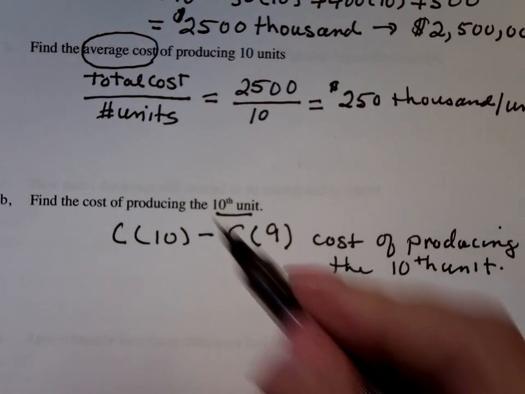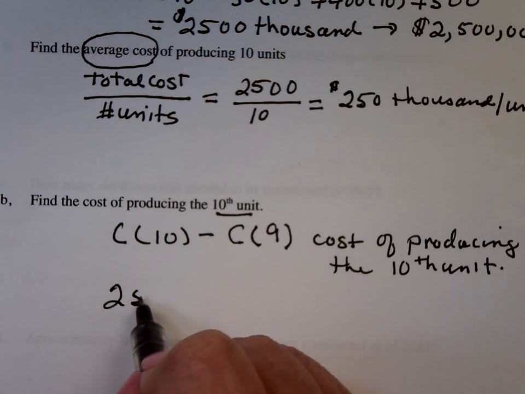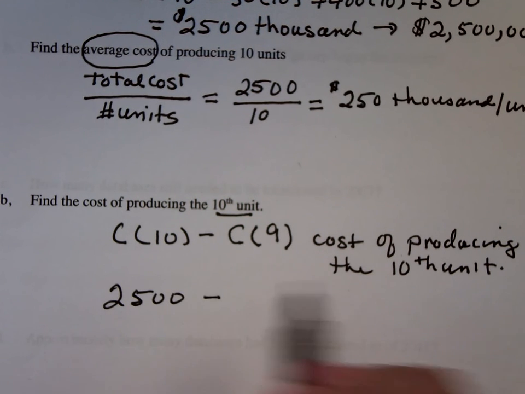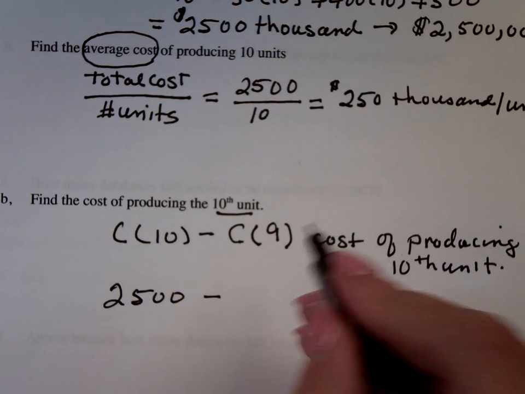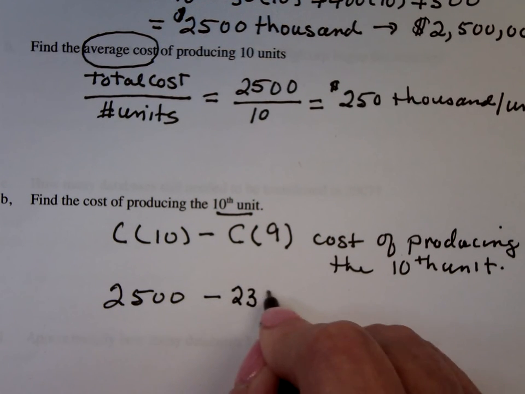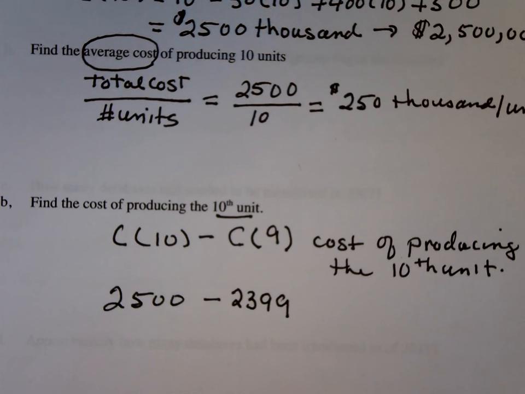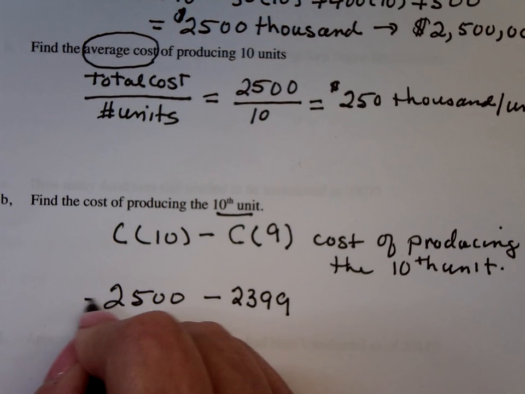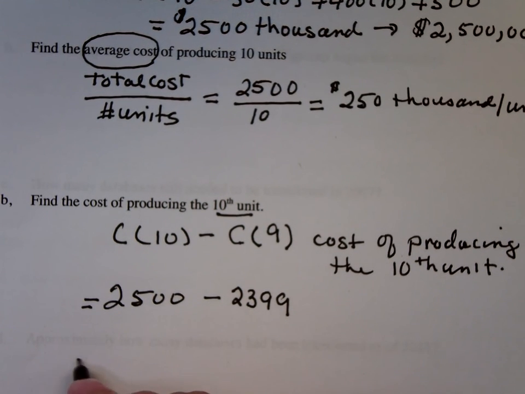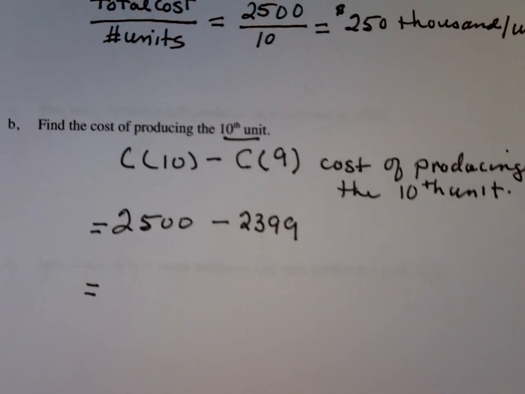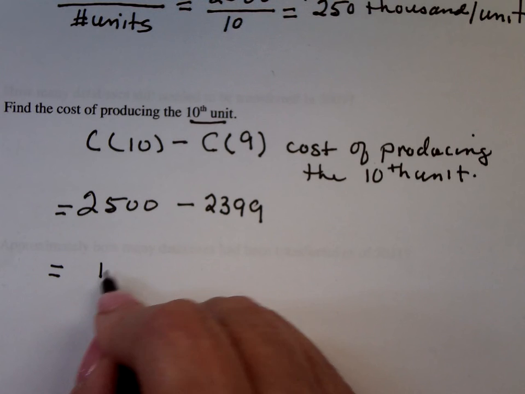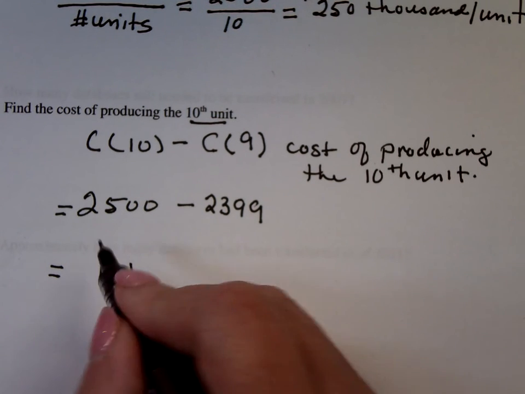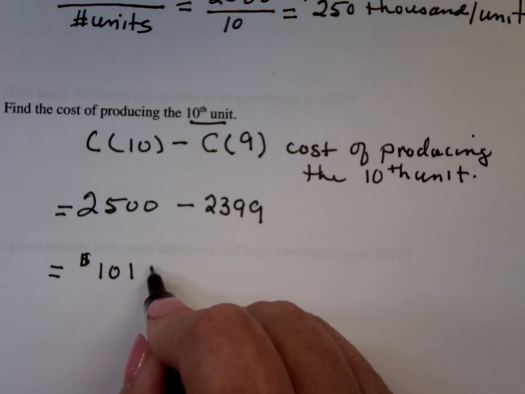Well, the cost of producing 10 units we know is $2,500. And using my handy dandy little calculator, C of 9 is $2,399. And this is going to come out to be $101,000.